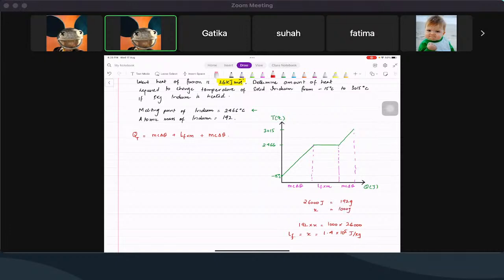Because I learned that moles are equivalent to mass in grams over Mr. For 1 mole, I need to find the mass, and the Mr is 192. So the mass would be 192 grams of iridium. 1 mole of iridium is equal to 192 grams, right? So if 26,000 is per mole, it is equivalent to 192 grams. Is it clear?